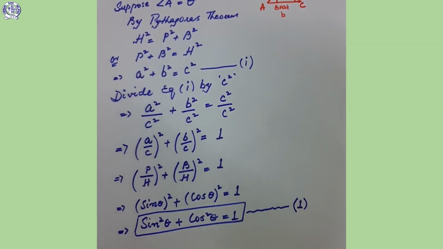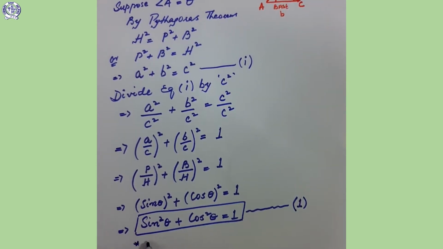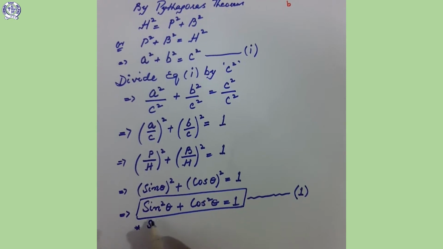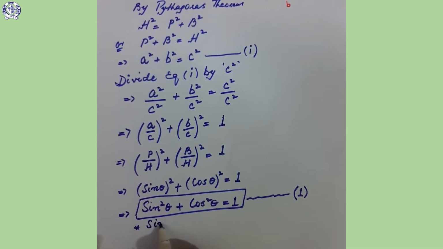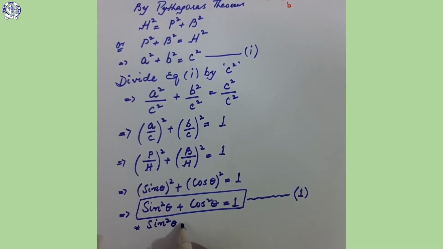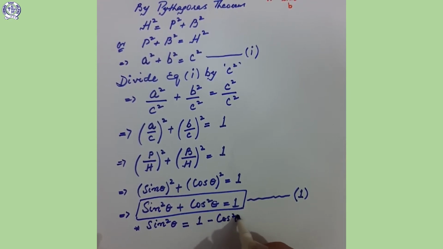Now you can make 2 more formulas from this by shifting these terms. Sine square theta will remain here. Sine square theta equals cos square theta will go after equals, so plus will change into minus. 1 minus cos square theta.